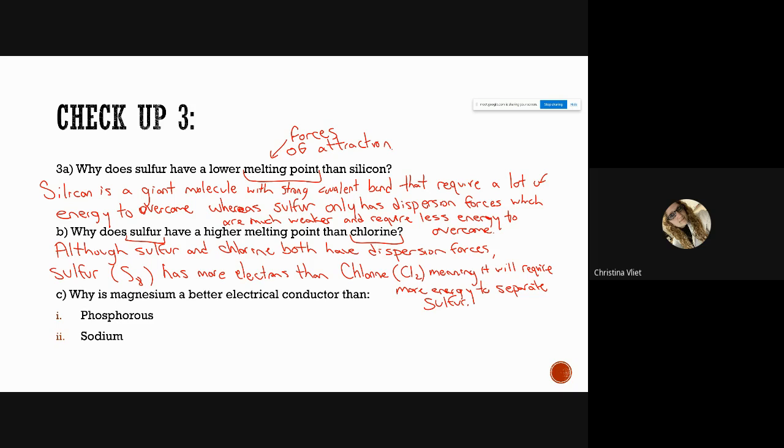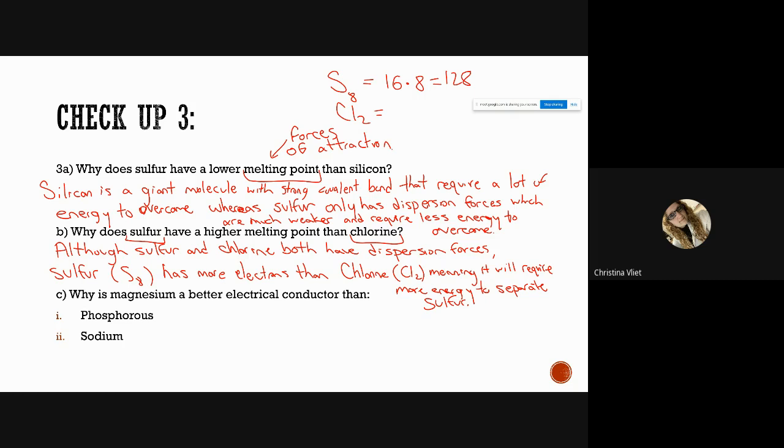Can you prove that sulfur has more electrons than chlorine? How many electrons does sulfur have? 16 times 8. What's 16 times 8? The number 128 is in my head. Check it. Is it 128? Yes, 64 times 2, 128, yeah.